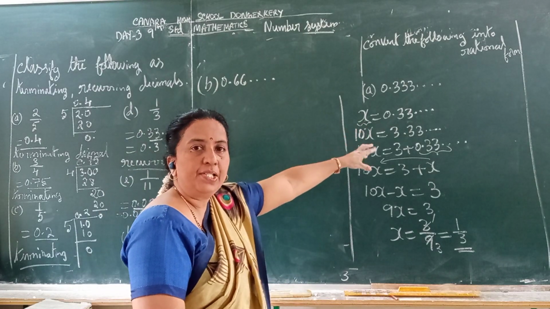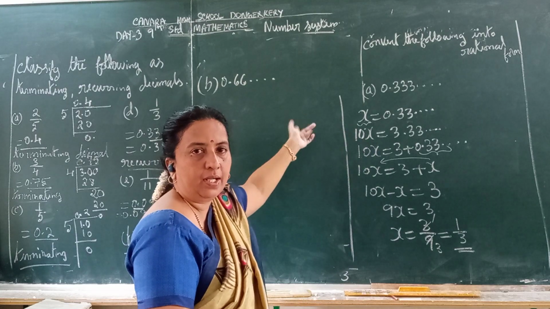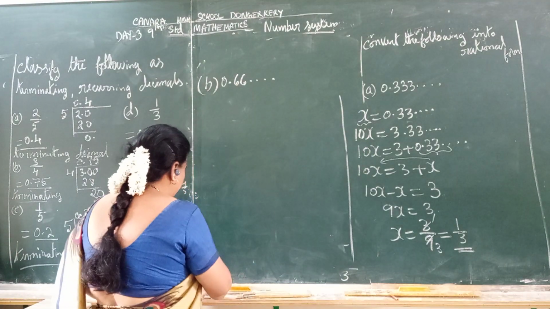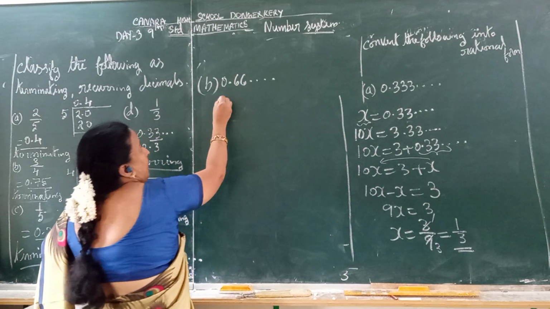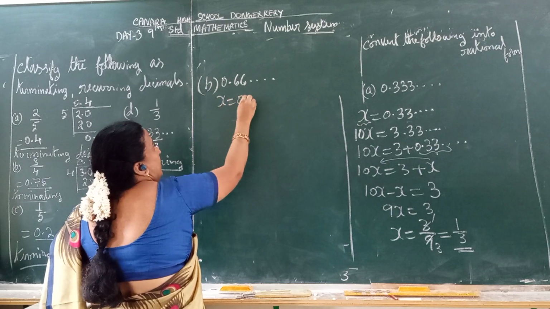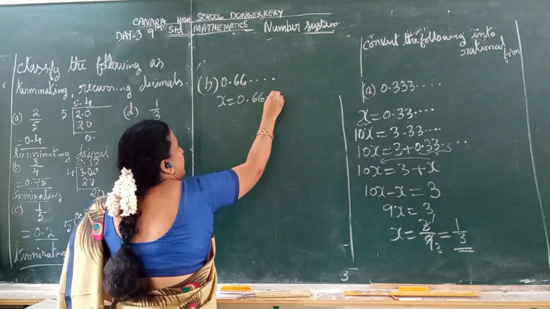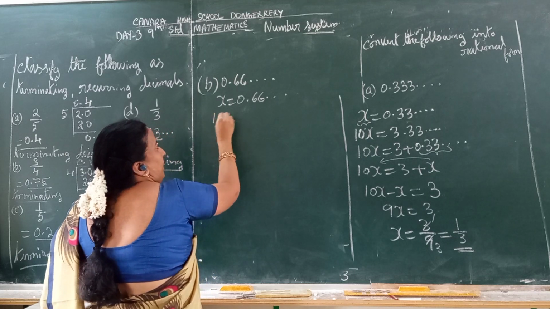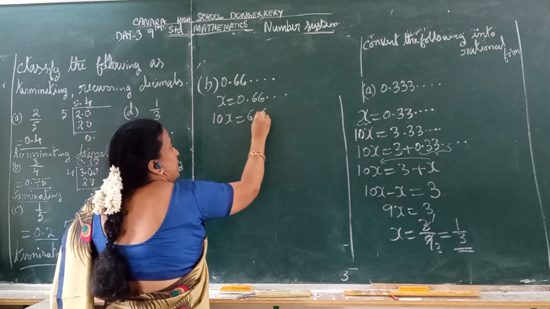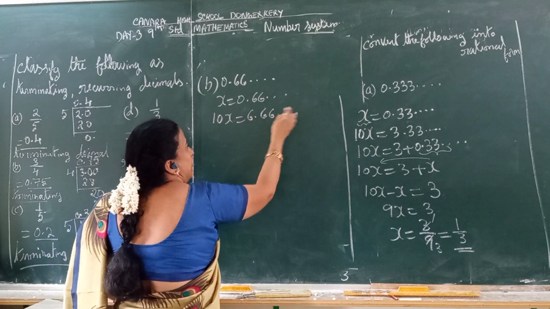Same procedure. Instead of 0.3, we have to take 0.6. Let us write x is equal to 0.666. 10x is equal to 6.666.